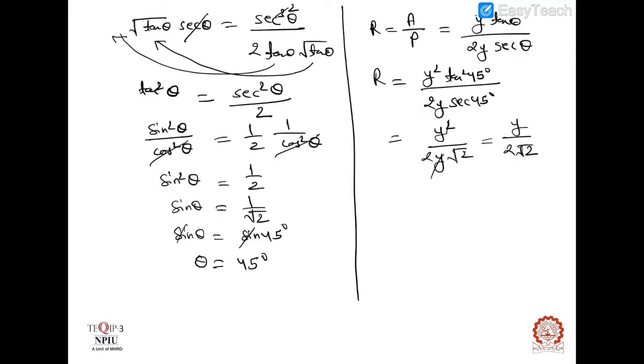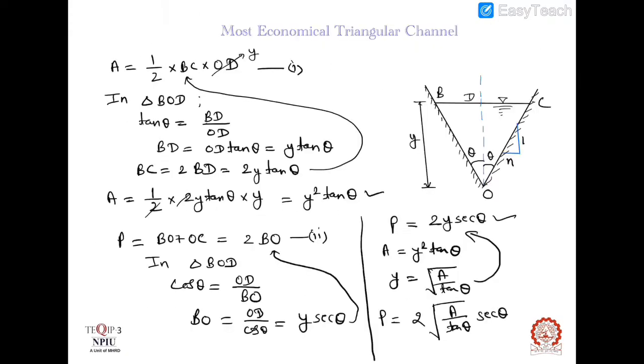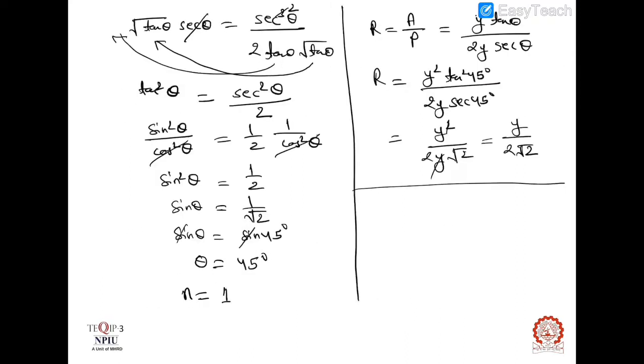Here small n value is equal to 1. Also look here, this theta is 45 degree, meaning this total angle BOC is 90 degree.